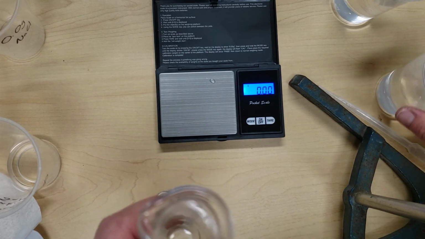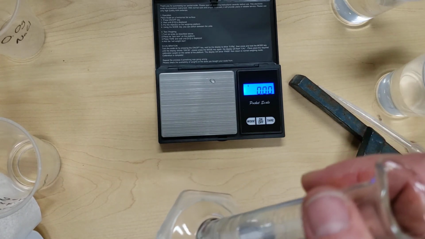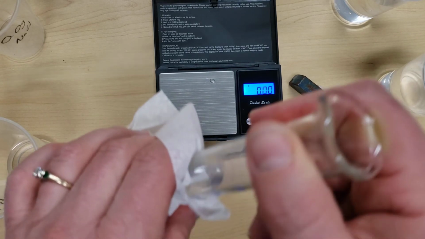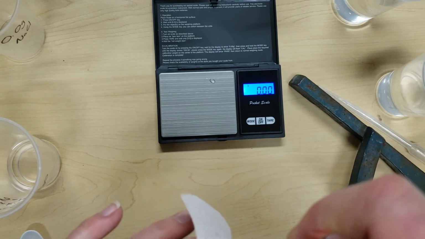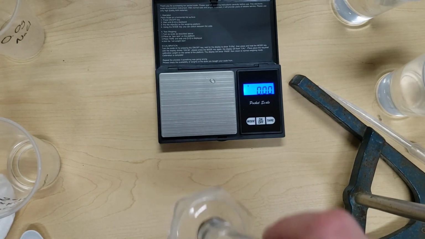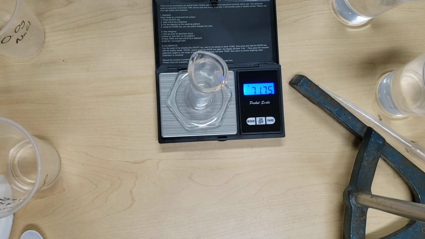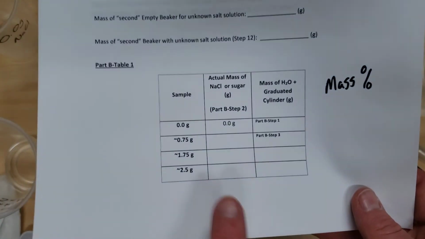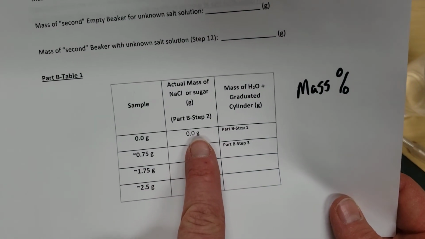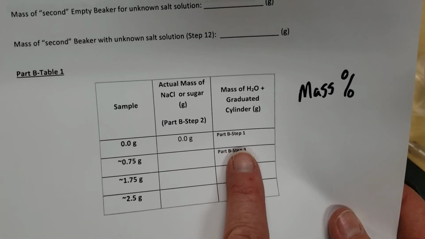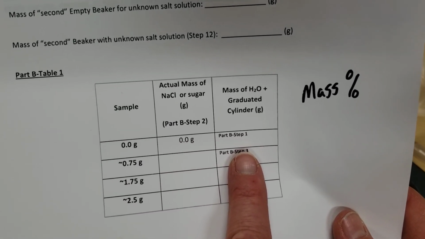And we want to make sure the outside of the cylinder is dry, weigh the cylinder with water, and record the mass in table 1. So we've got 2 different tables we're going to be filling out. In table 1, the amount of NaCl is 0 grams. We want the mass of the water and the graduated cylinder recorded.